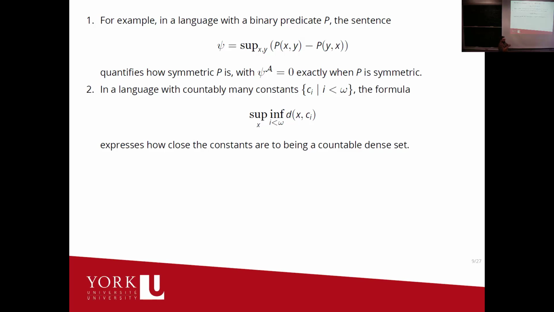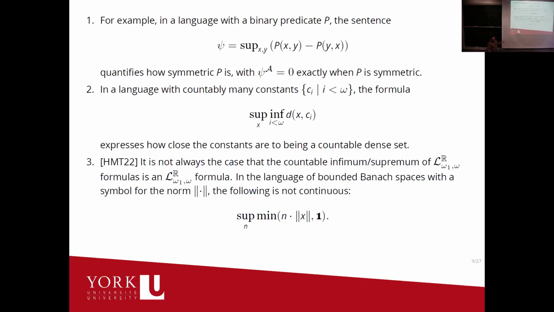If not, it's telling you by how much you fail to be dense. And this is the reason sometimes to do continuous logic: you have not only true or false, but a sort of degrees of failure. Now you have to interpret that somehow. For different formulas that might mean different things, but that's the idea.